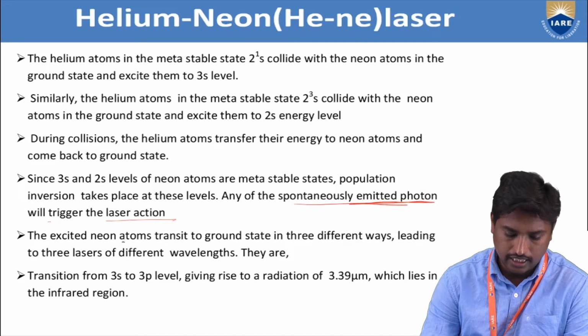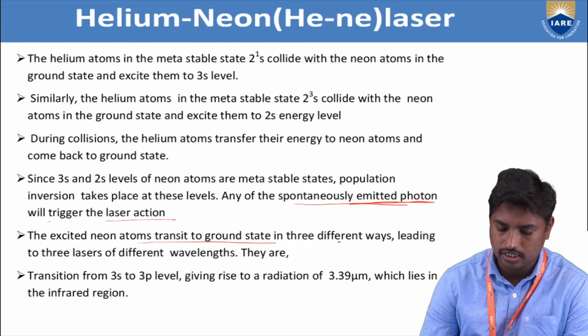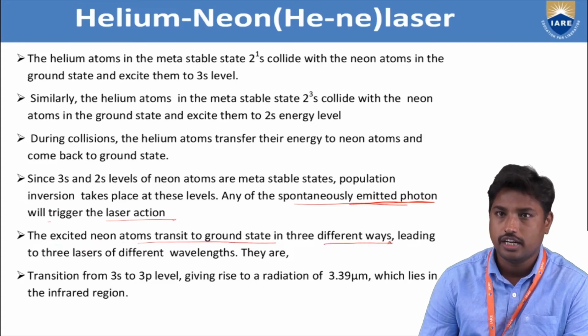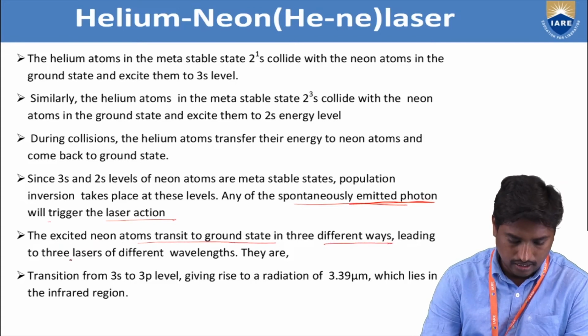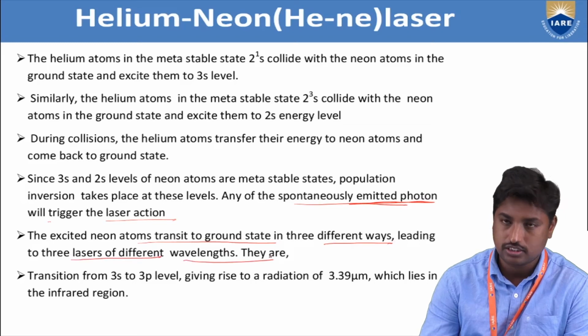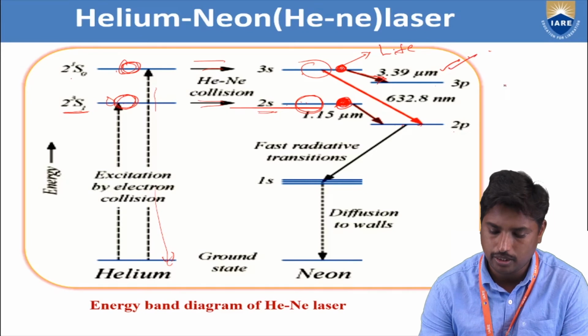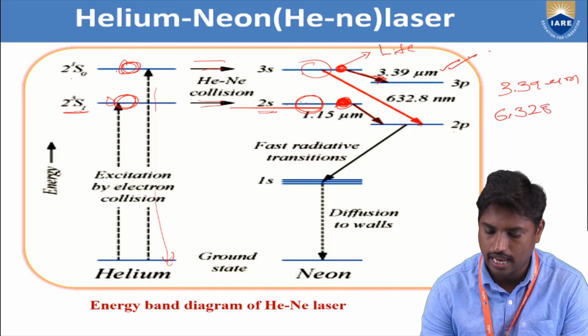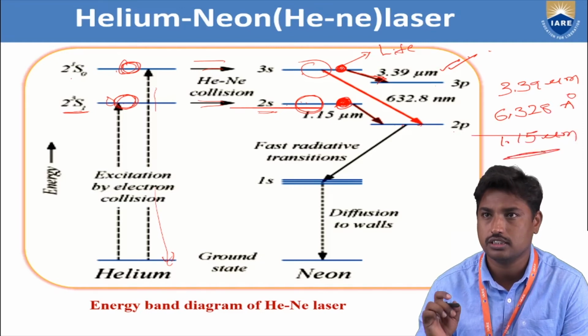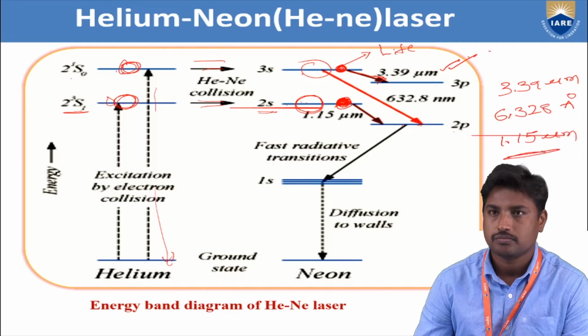After that, the excited neon atom transits to the ground state in three different ways, leading to three lasers of different wavelengths, already mentioned. These are the wavelengths: 3.39 micrometers, 6,328 angstrom units, and the third transition is 1.15 micrometers. These three wavelengths are produced.